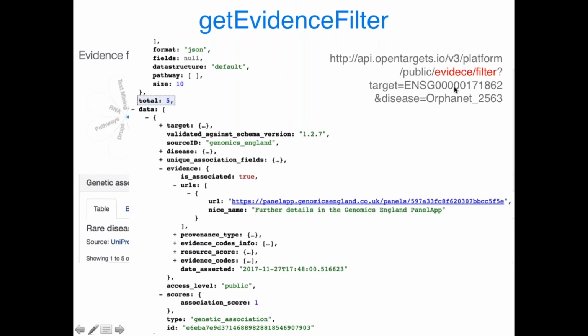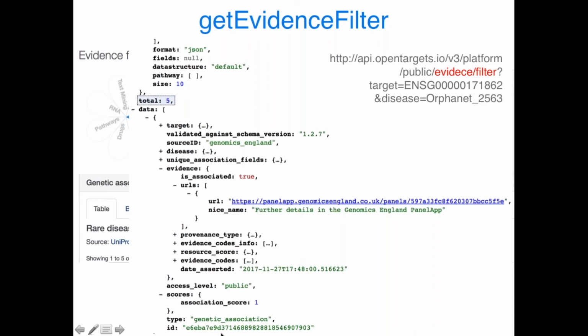evidence/filter. I pop in my target ID and then my disease ID. And here we are. So I've got a total results of 5. So those are the 5 pieces of evidence used for the association. They all come from the Genomics England data source of ours, and we provide the score as well.